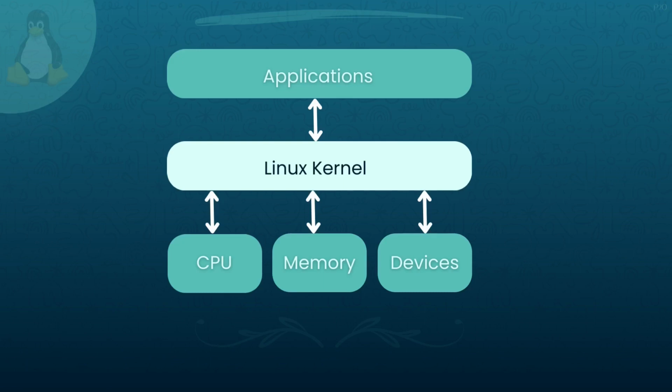Some distributions may choose to use slightly older versions of the kernel to ensure stability and reliability, while others prefer to use the latest and greatest versions for the newest features and improvements. So, the Linux kernel is like a big program that helps applications make use of the computer's hardware. It serves as a bridge between applications and the inner workings of the computer, allowing them to work together smoothly.